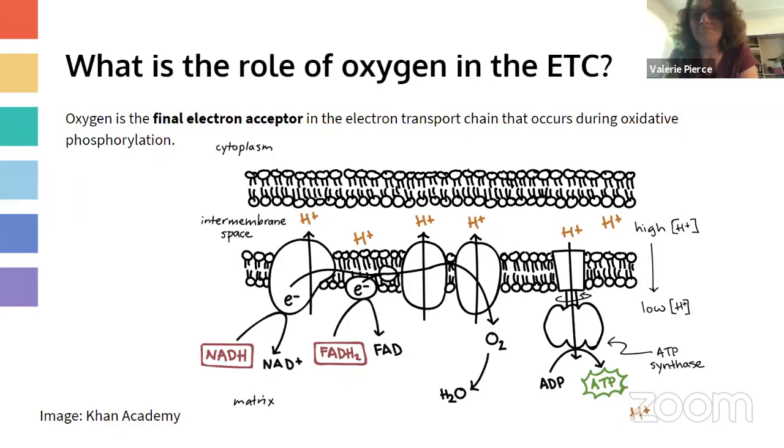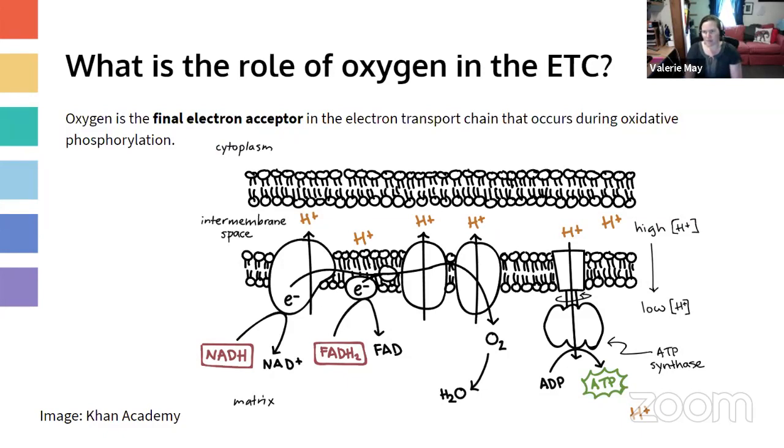Anyone want to add? I'll just add that from reading a lot of responses on FRQs over the last couple of weeks, one of the things to keep in mind is if there's no electrons, oxygen is not being consumed. So if NADH and FADH2 aren't getting their electrons through the electron chain, then oxygen consumption is going to be really, really low.